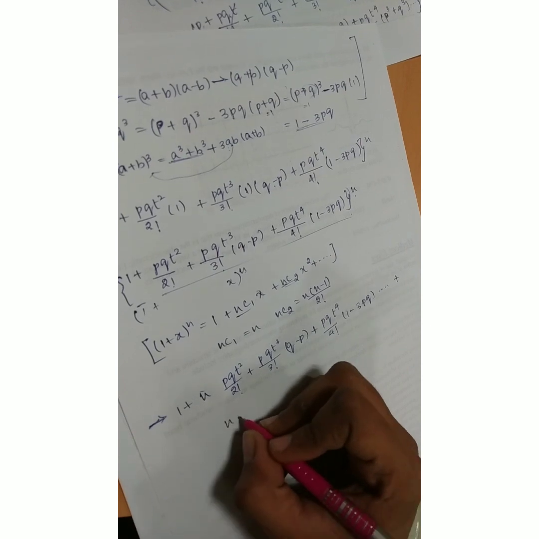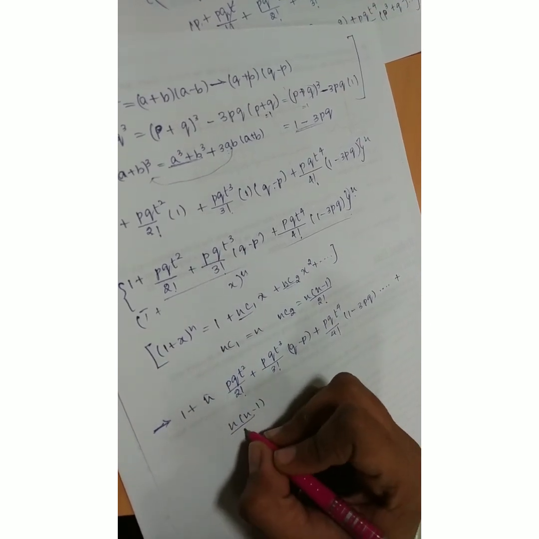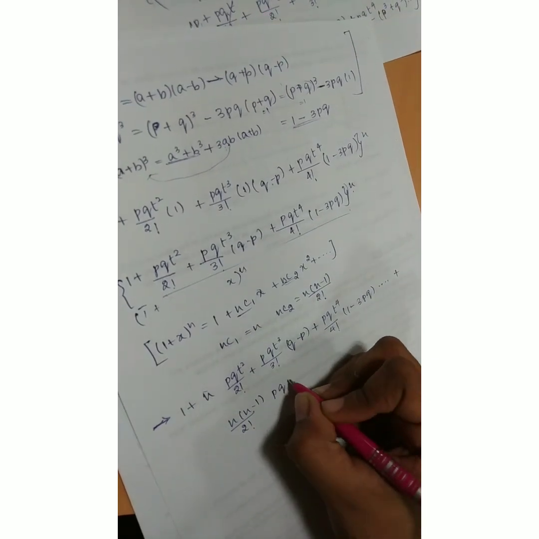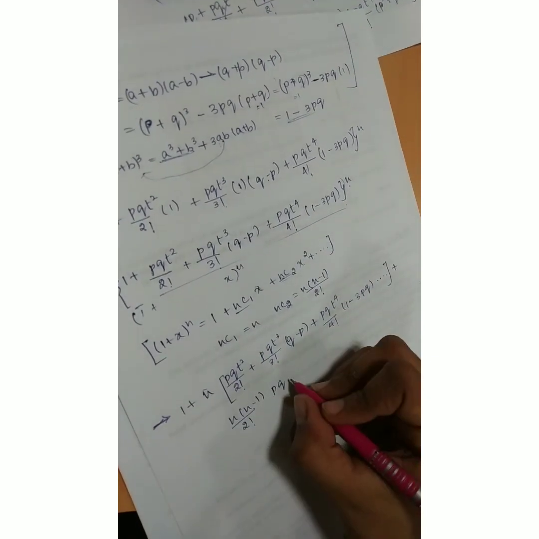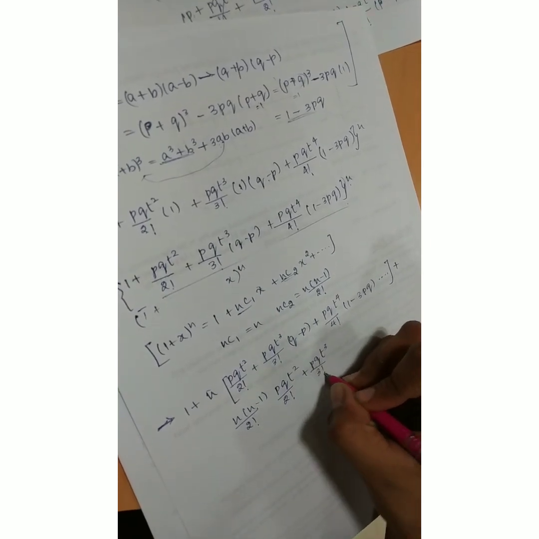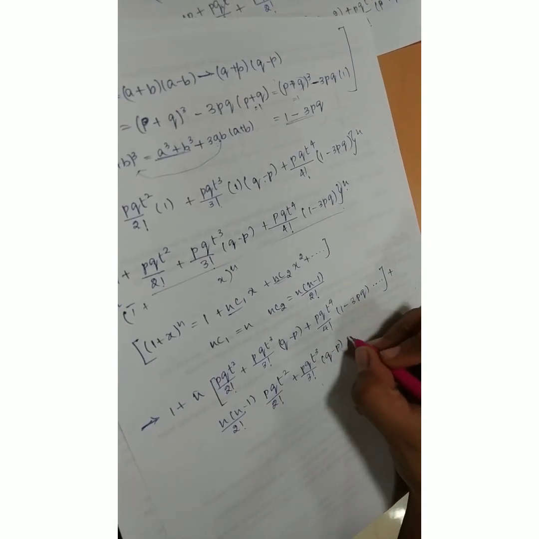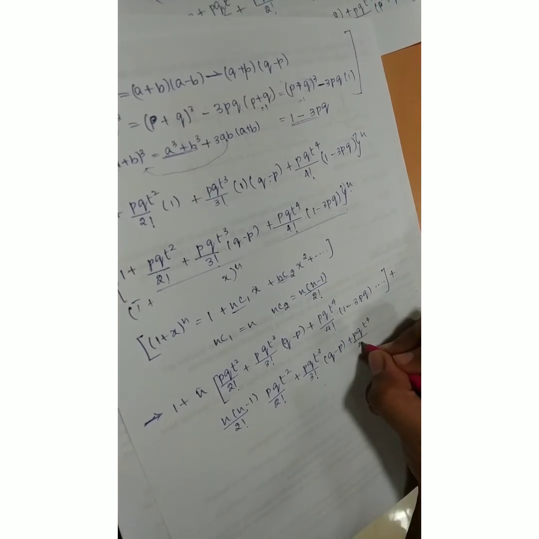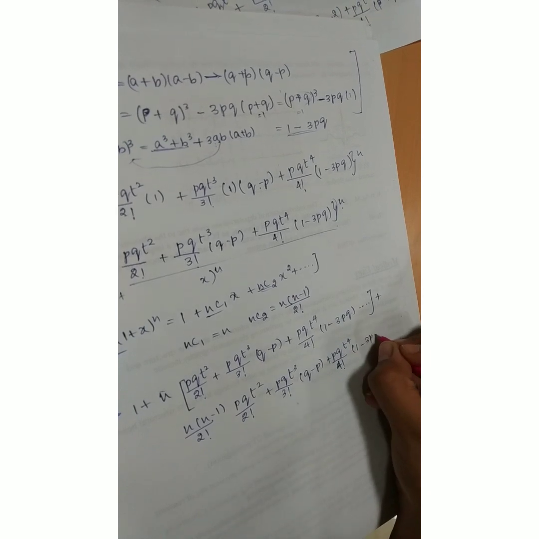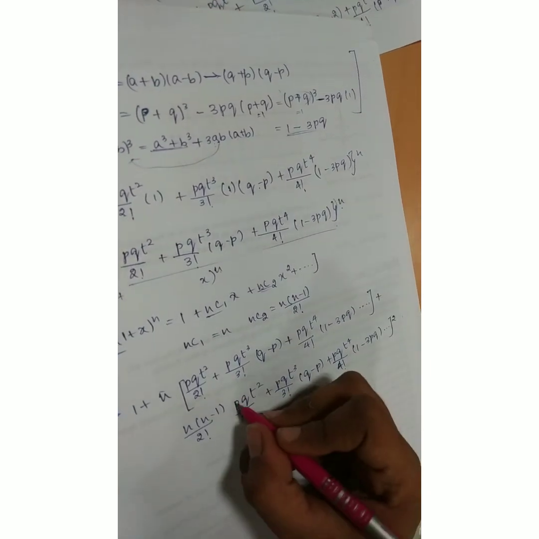Next, writing nc2 into x square, we get n into n minus 1 by 2 factorial into pq t square by 2 factorial plus pq t cube by 3 factorial into q minus p plus pq t power 4 by 4 factorial into 1 minus 3pq, plus etc., the whole power 2.